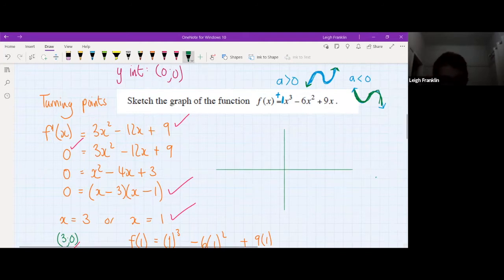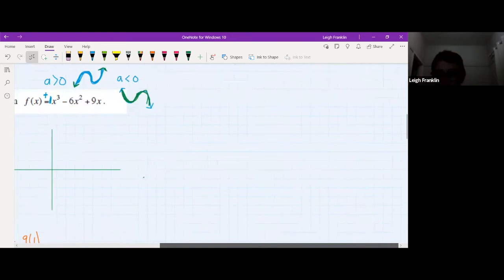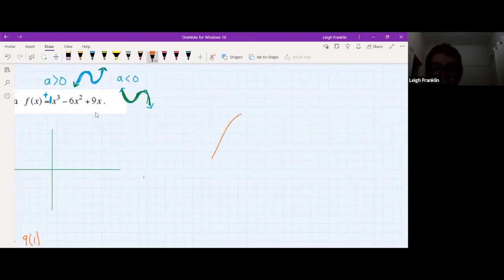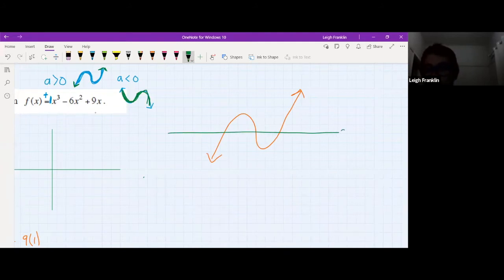Let's just go over here. All right. If my graph is shaped like this, okay, and my x-axis is here, numbers get bigger going in this direction to the right, don't they? And they get smaller going in this direction to the left.